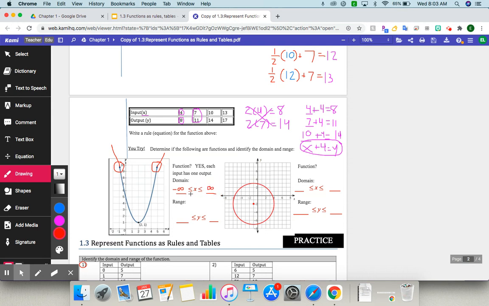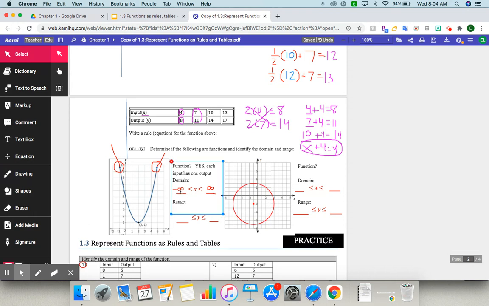Now, since these are not actually numbers, we need to change these symbols to less than rather than less than or equal to. So now the domain is -infinity is less than x is less than infinity. So this just means that x can be basically any number at all.